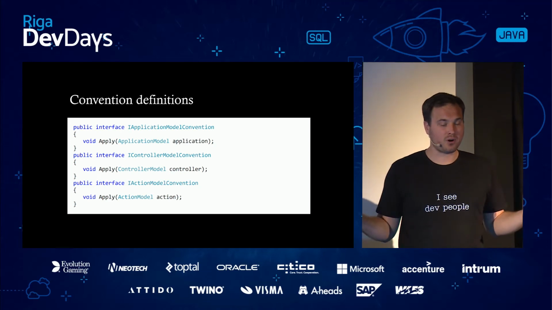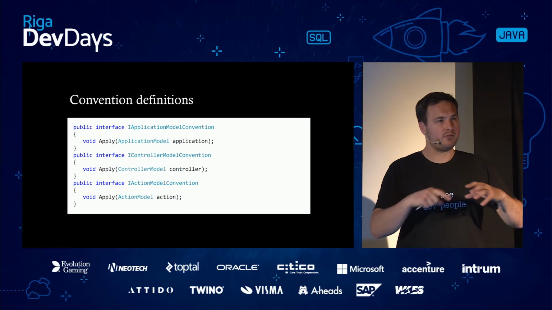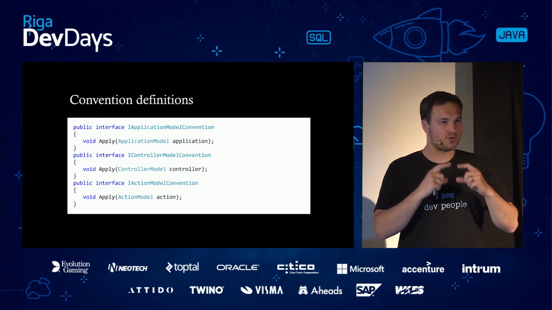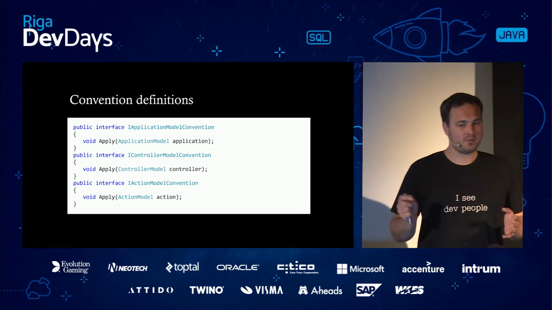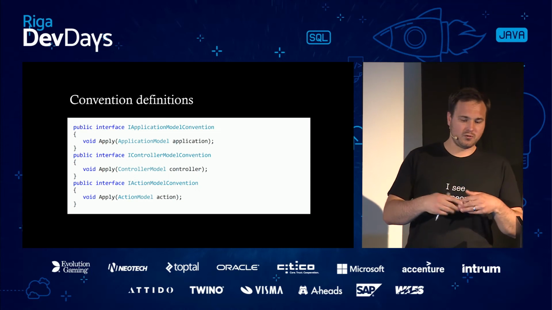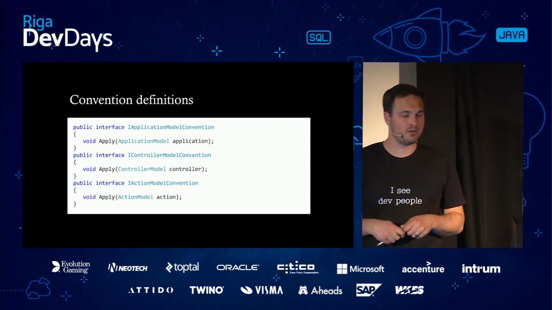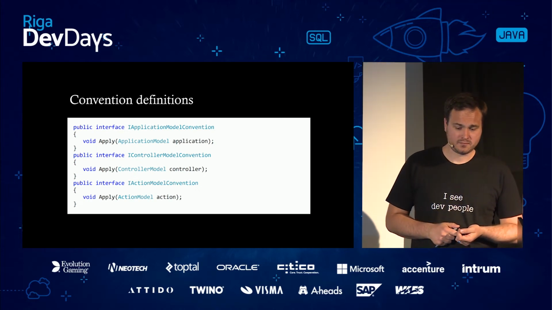You have the application model conventions, which are for the whole application, but then you have conventions specifically for controllers and specifically for models and parameters, etc. But all of them share about the same function called apply that accepts a model, like application model, controller model, and action model, for instance.